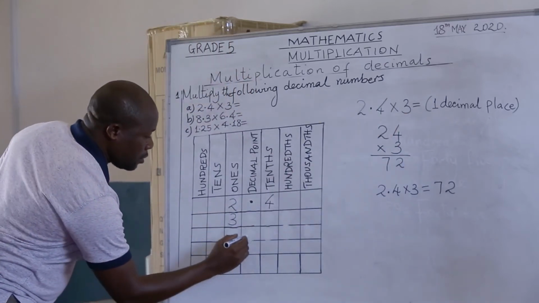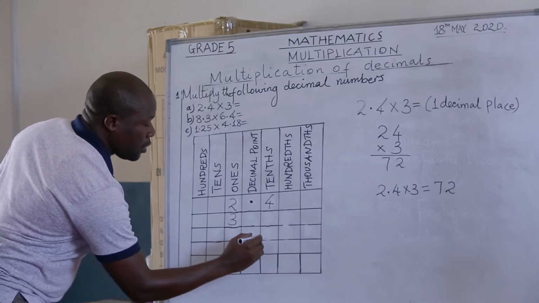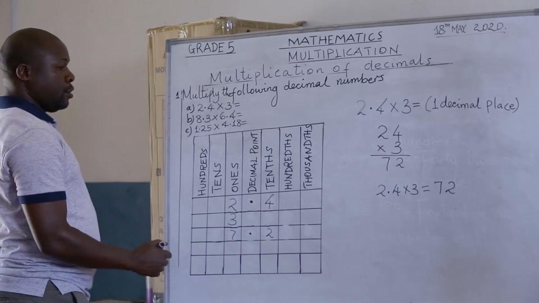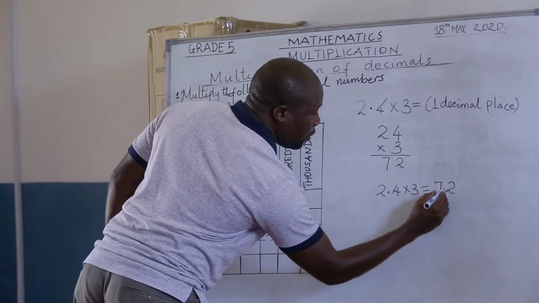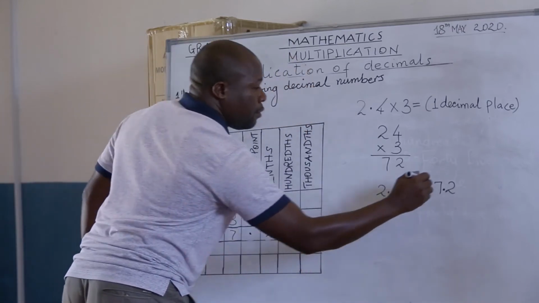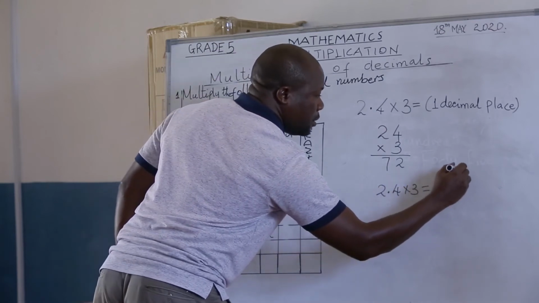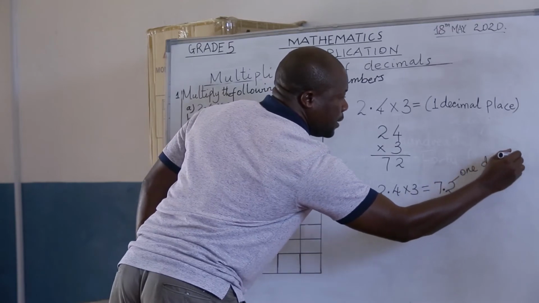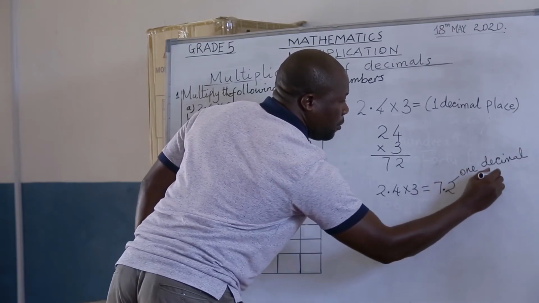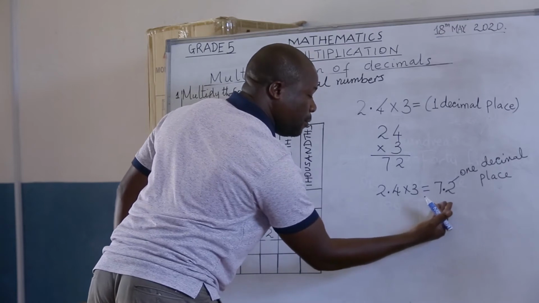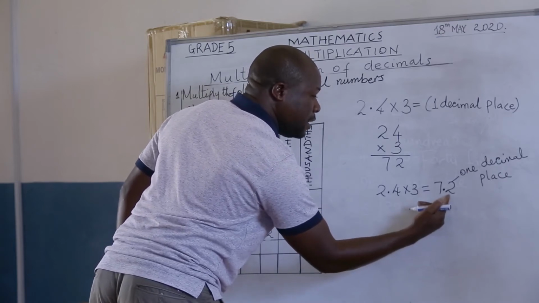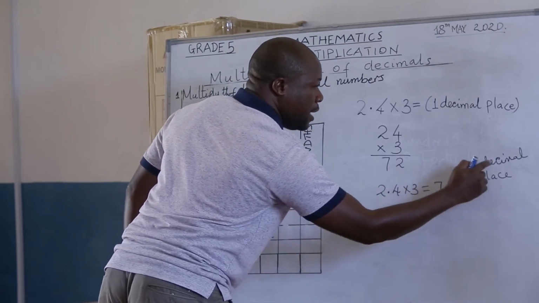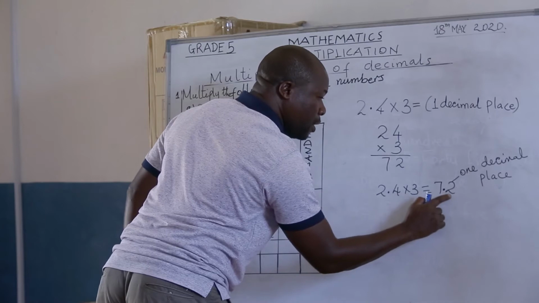Therefore, take the decimal point, write number 2 and number 7. So my answer is going to have one decimal place. How many places are in the decimal side? Only one number is in the decimal side. That is why we call it one decimal place, but not one decimal point.